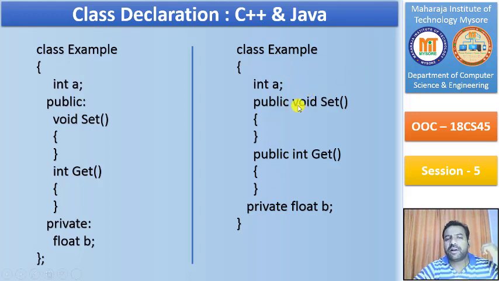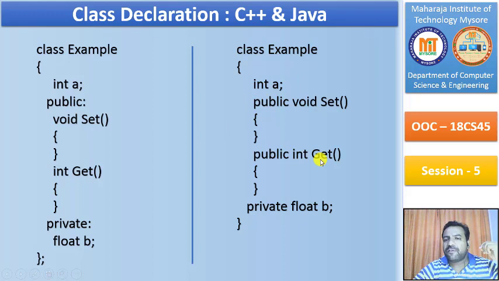For example, the void set, I want it to be public. I cannot use this style now; I cannot use public and a colon here. Without the colon, before declaring a member, I put its access specifier. I'm not doing anything over here because by default it is a private data member.